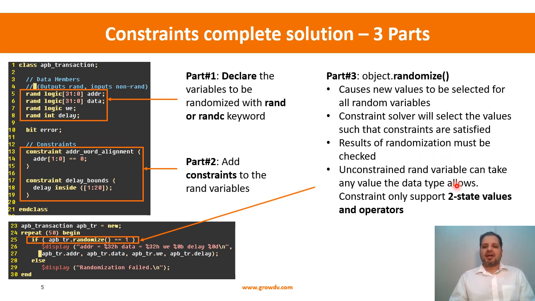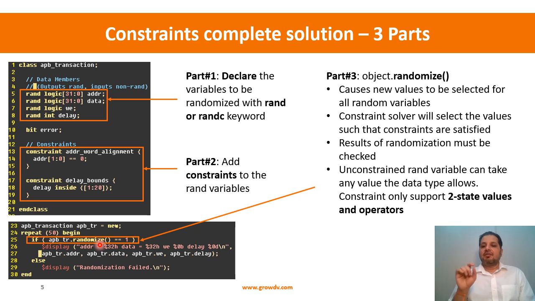And this part we have already talked about: if you don't use constraints, then it can take any value that the particular data type supports. And if you have declared a variable without a rand or randc keyword, then the value of that variable remains unaffected by the randomize call.